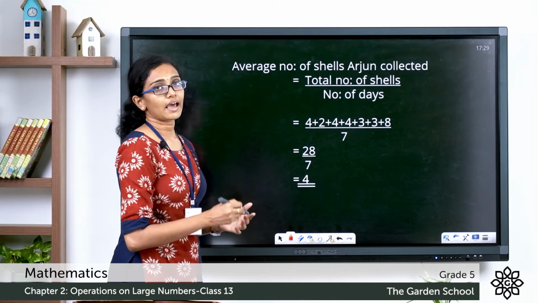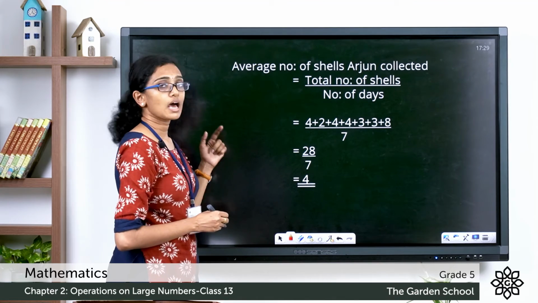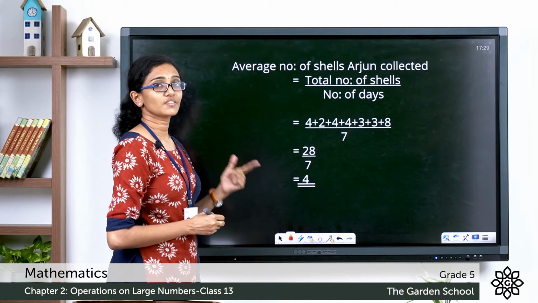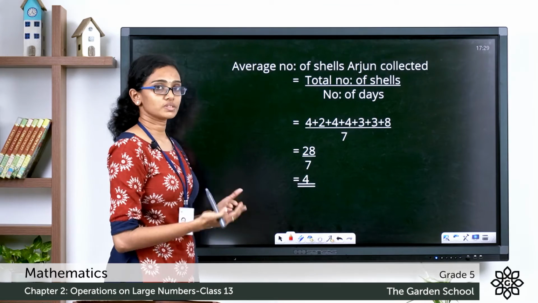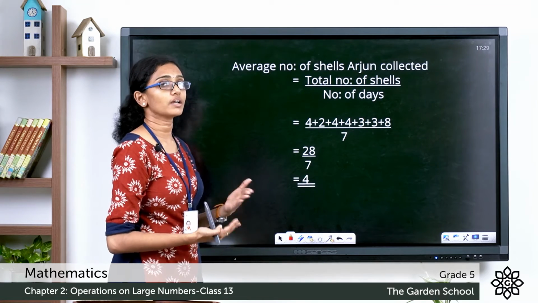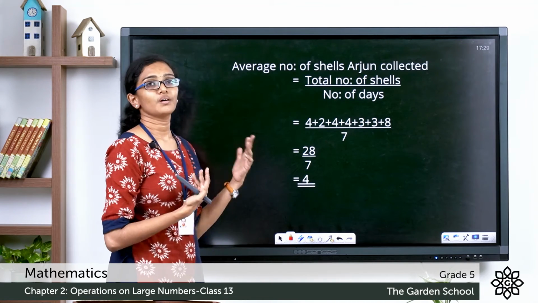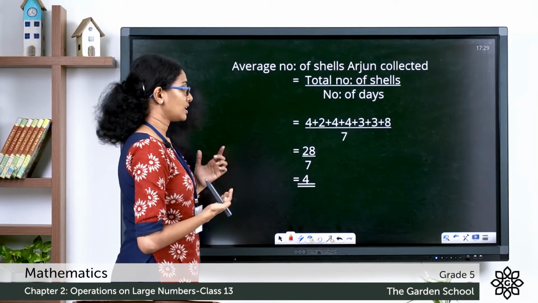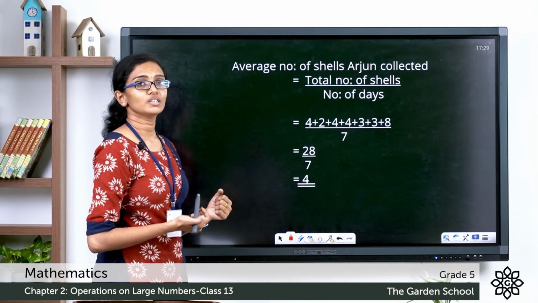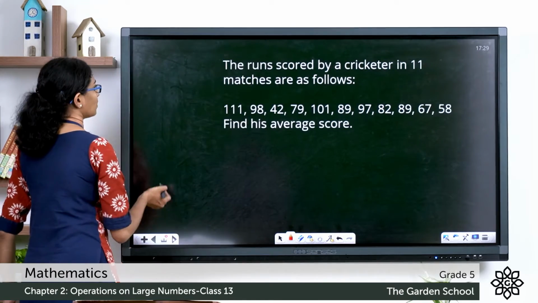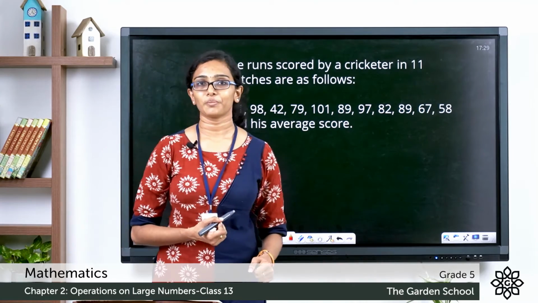So on an average, both Arjun and Amit had collected 4 seashells. So since the average is the same, we can say both had collected the same total number of seashells. Now, let's see one more example.